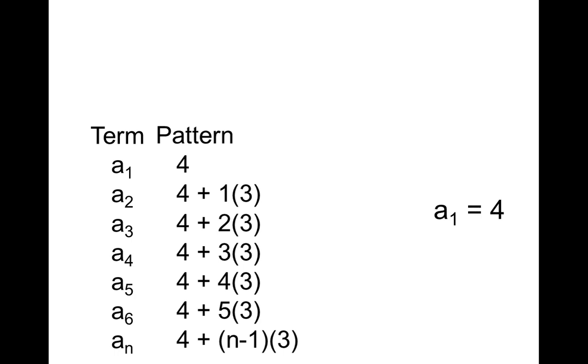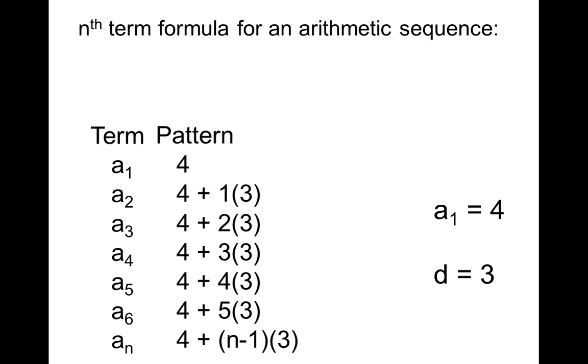So for this sequence, think about the fact that the first term was 4. And think about the fact that the common difference was 3. So how can we take what we noticed about this particular sequence and write something that can be used to describe any arithmetic sequence? Well, if we do that, we have something called an nth term formula for any arithmetic sequence, which would be to find a number in the sequence, a sub n.